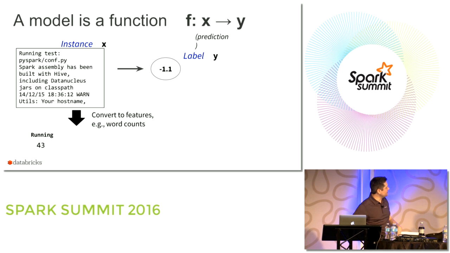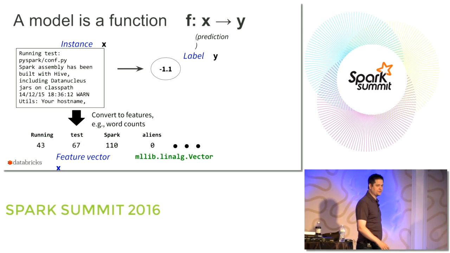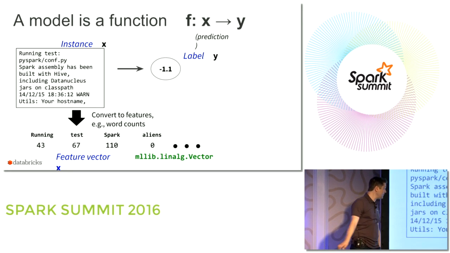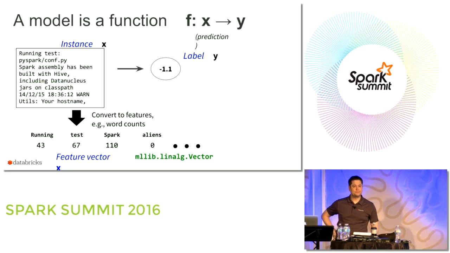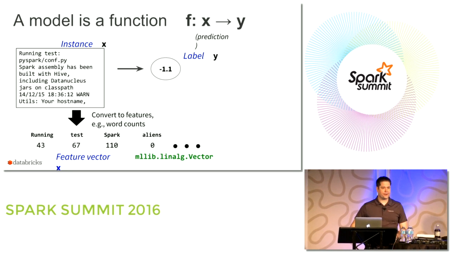How many times in this line did I see the word running, test, Spark, and aliens? And I could represent this as a mathematical sparse vector. If I was using MLlib, that in fact would be MLlib.linalg.Vector. And that could be stored in my data frame.